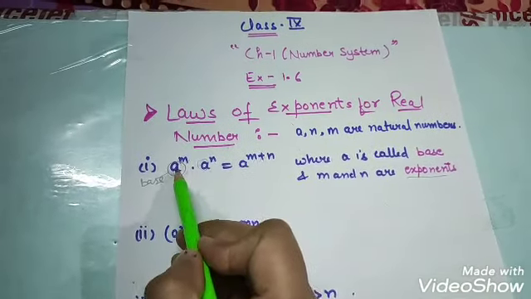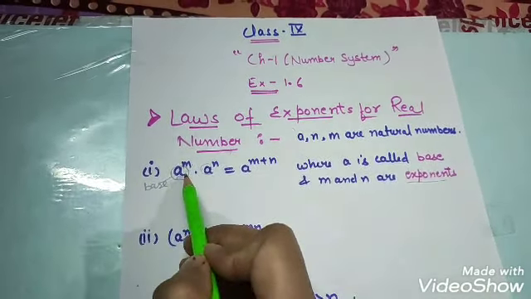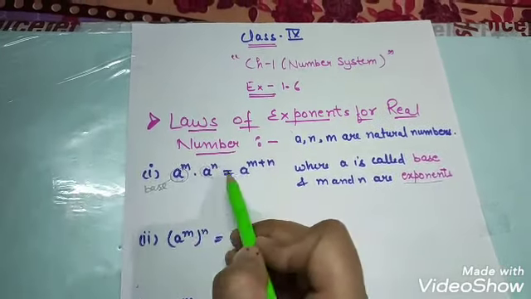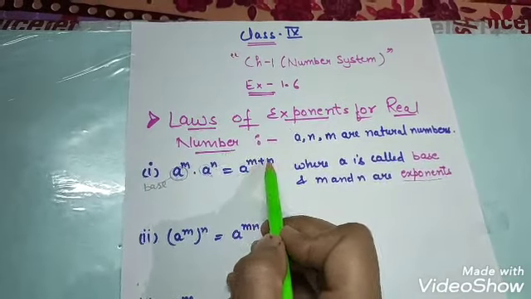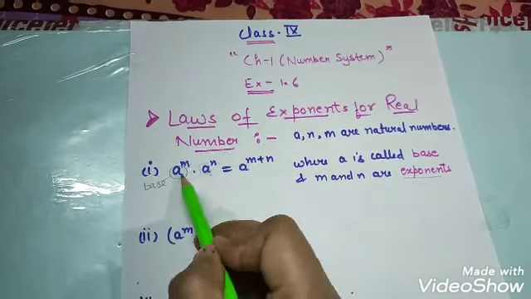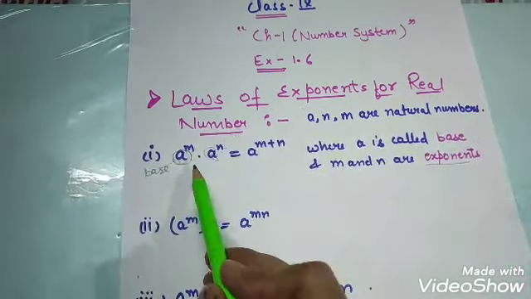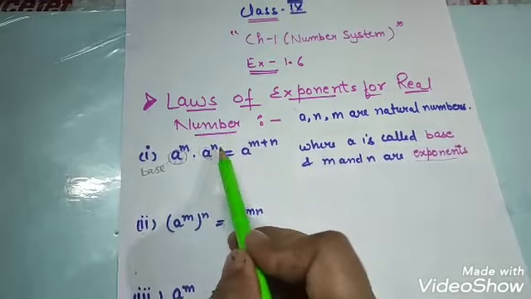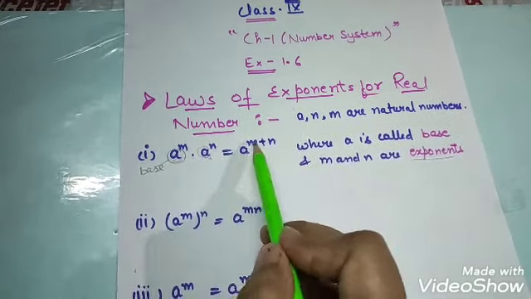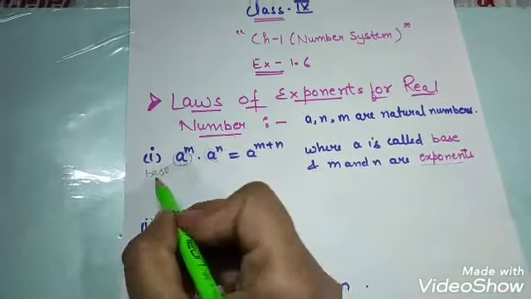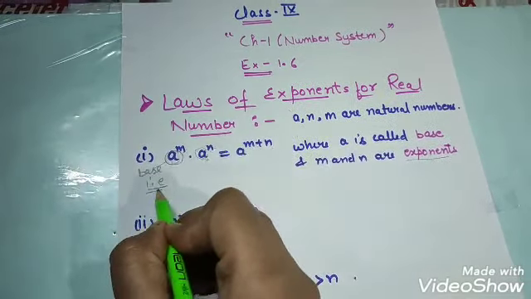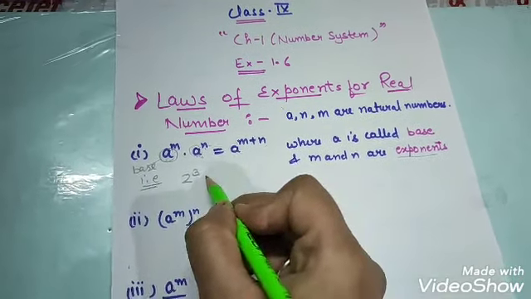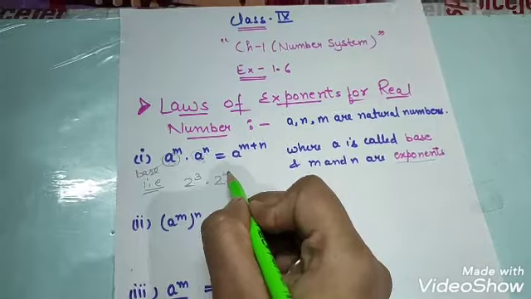When two real numbers have the same base but the powers are different, their powers get added and the base becomes single. That means a to the power m multiplied with the same base a to the power n becomes a to the power m plus n. Let's understand with an example. Look, I have taken 2 to the power 3 multiplied with 2 to the power 4.